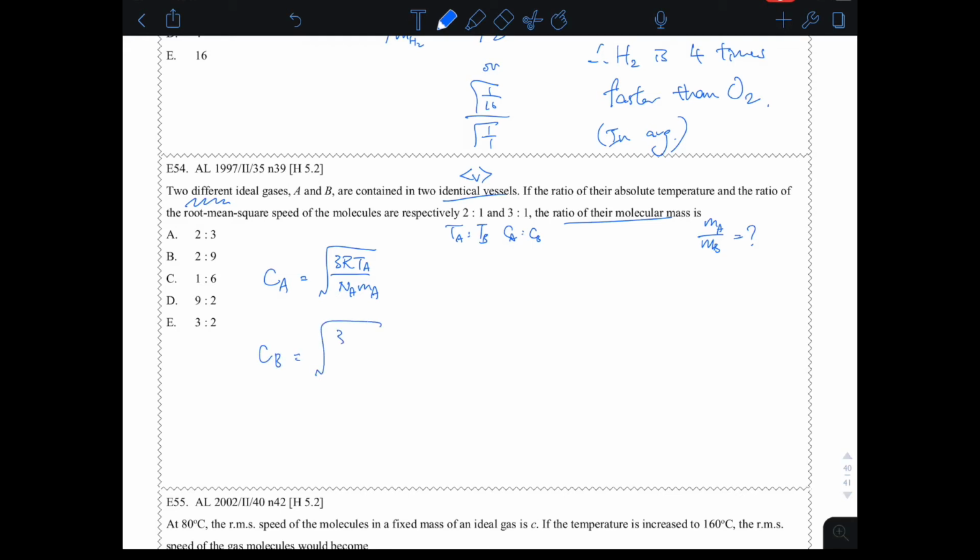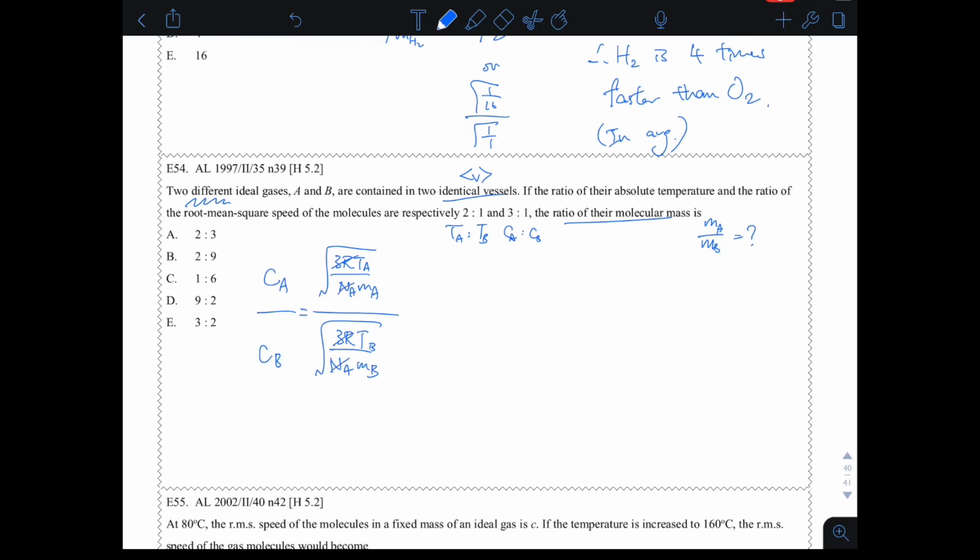On the other hand, CB is in fact equal to the square root of 3RT over NaM for B. And we want to know the ratio, so this one over that one will be the ratio. That means we remove the equal sign and put it in here. Then this is CA over CB, which is that square root stuff over that square root stuff.